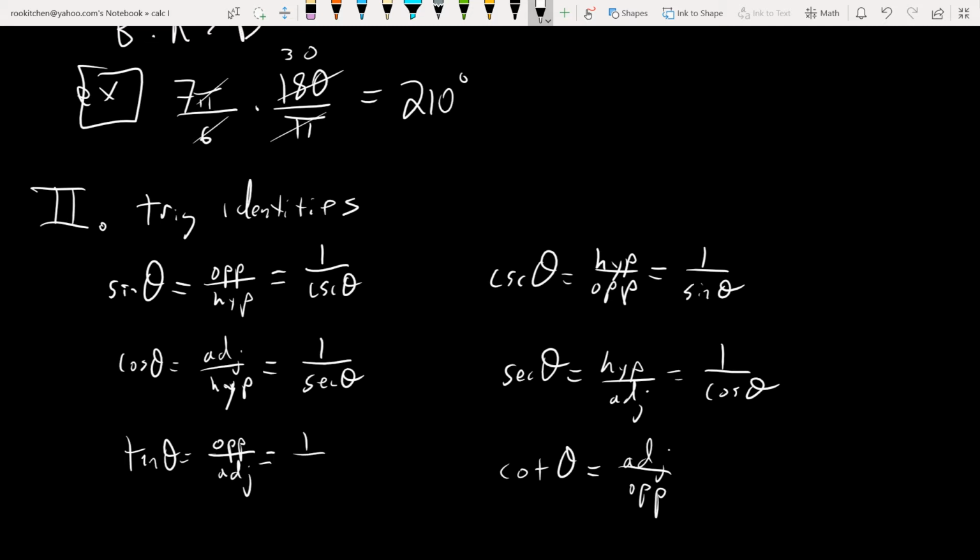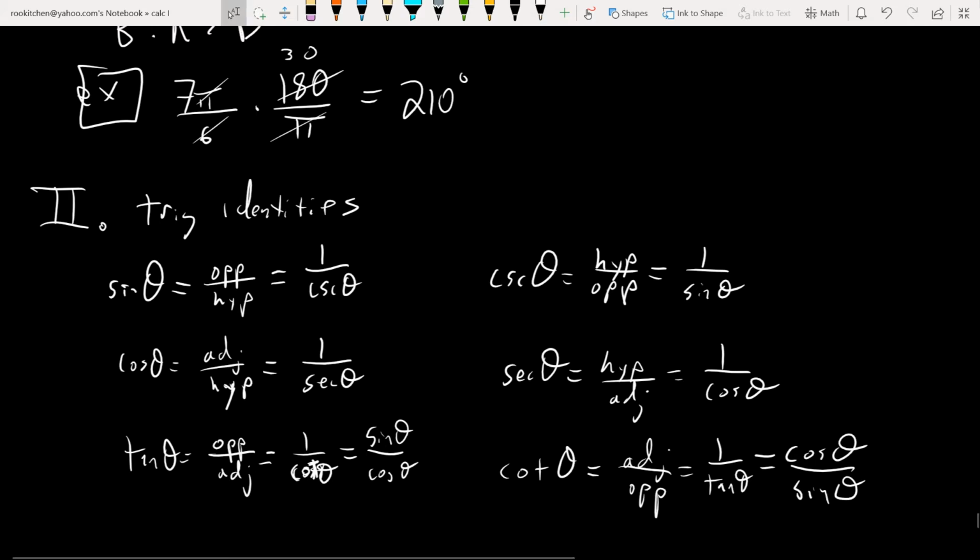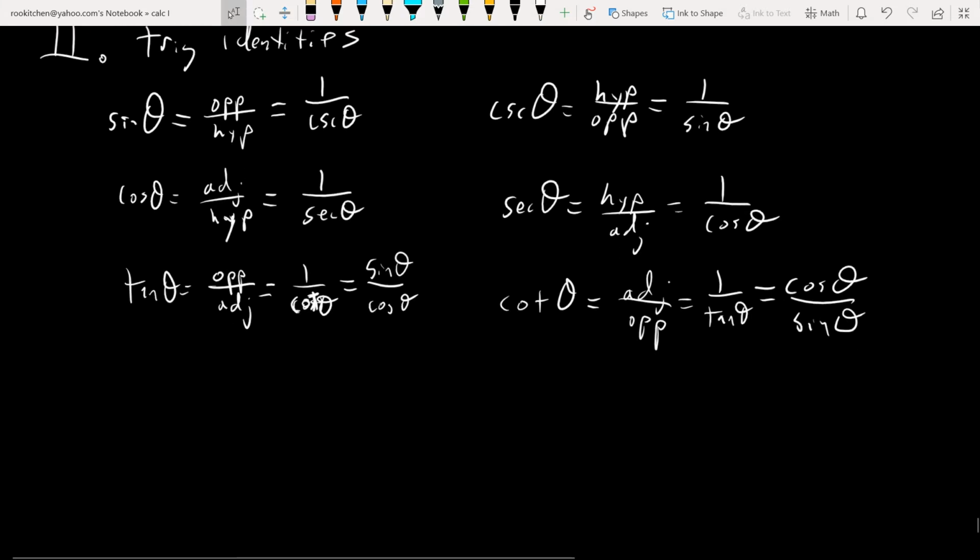Tan then is 1 over cotan, but it's also sine over cosine. And then cotan is 1 over tan, but that's also cosine over sine. You should know all of those by heart. You should have them memorized.